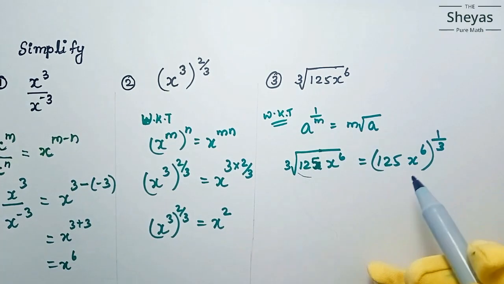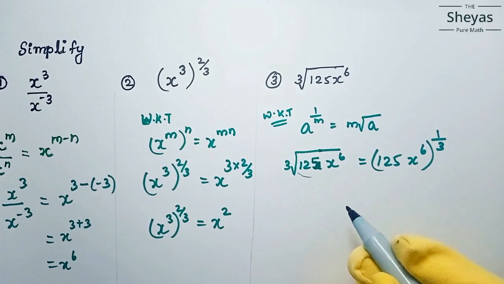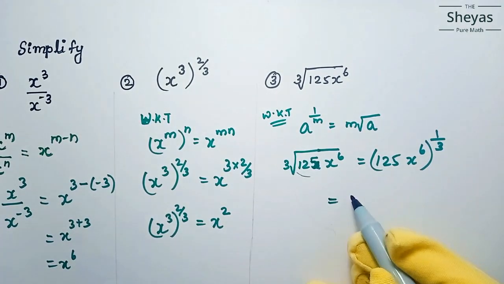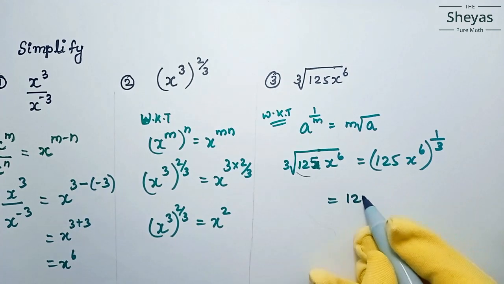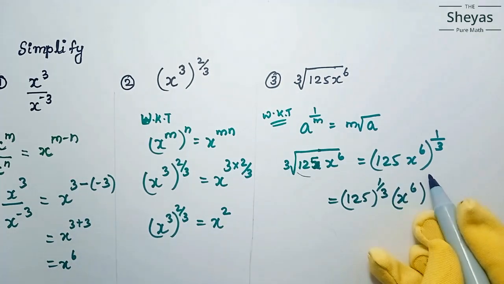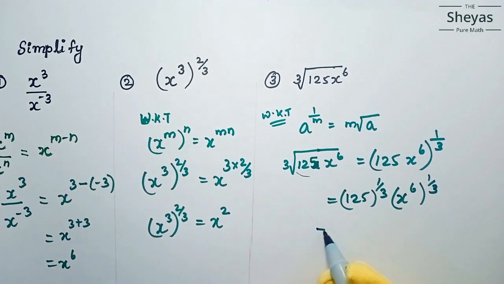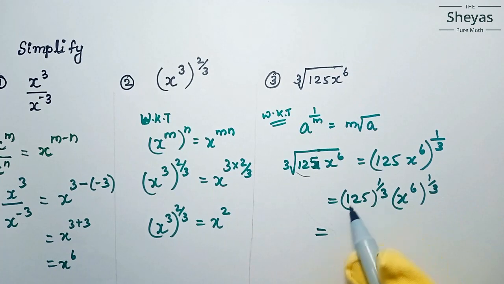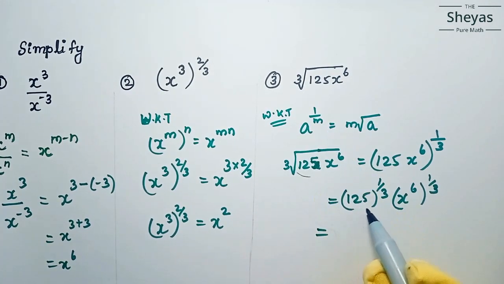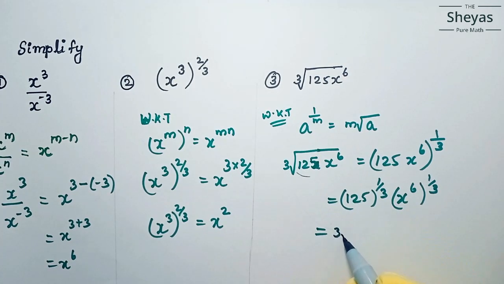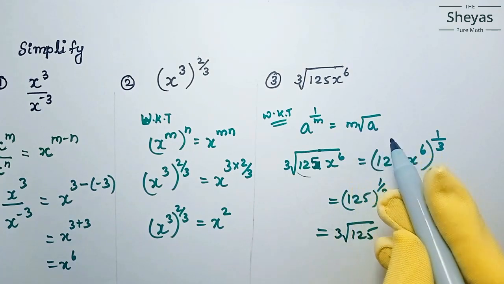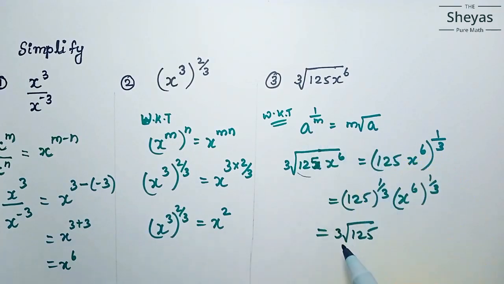So 1 by 3. Now in the next step, I am giving this power separately: 125 the whole power 1 by 3, x power 6 the whole power 1 by 3. Now I can write this using the same rule. So 125 the whole power 1 by 3 can be written as cube root of 125.